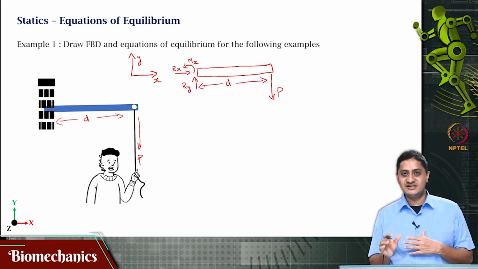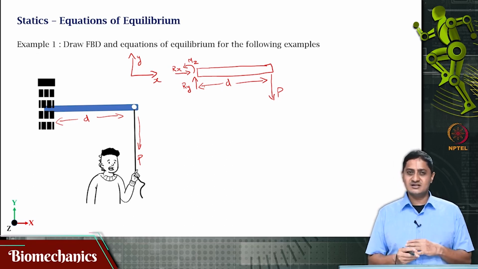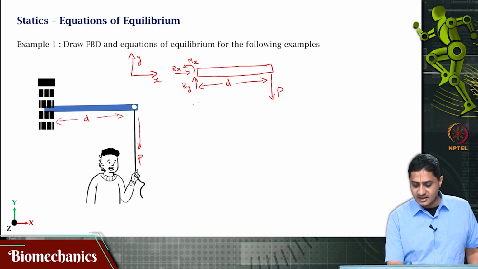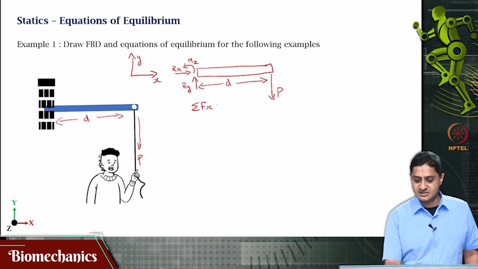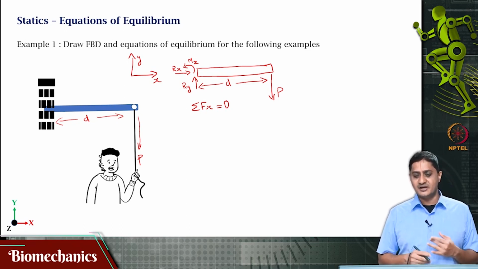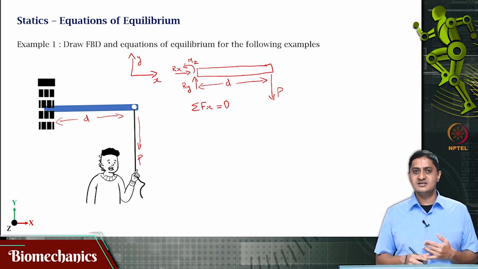In this particular case, this is a planar case, so in either of the 2 directions, it is not accelerating. From that, I can write that the sum of all the forces in the x direction is 0. How do you know this? Because there is no acceleration in the x direction.